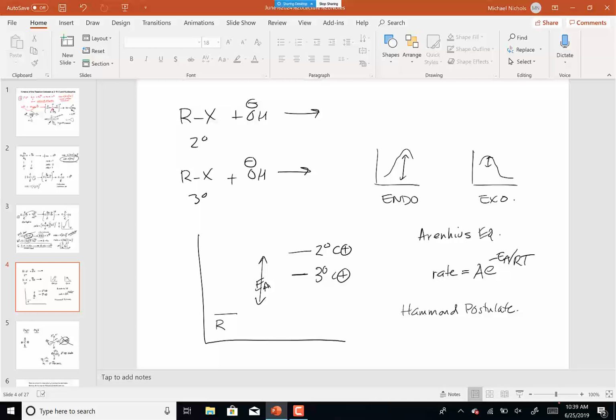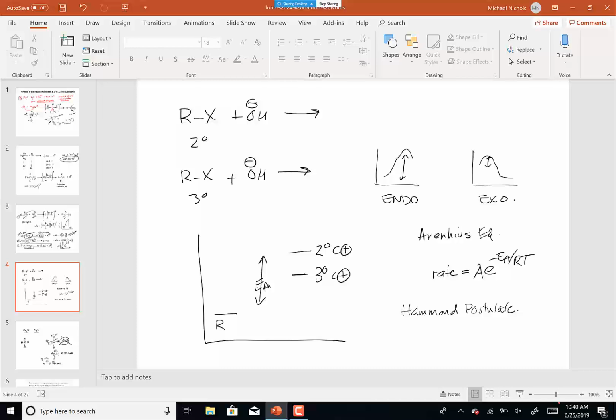Now, in order for me to get to the transition state, what's it going to cost me? It's going to cost me time, and it's going to cost me energy, because I have to take that structure and move atoms around in order to get it to the transition state. And the more energy it takes, the longer it's going to be.